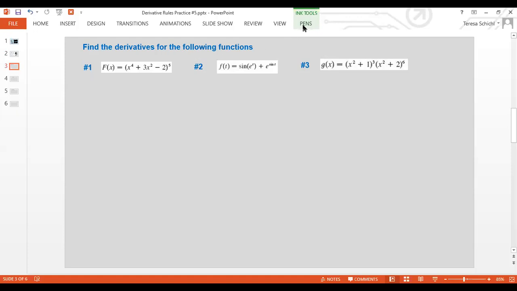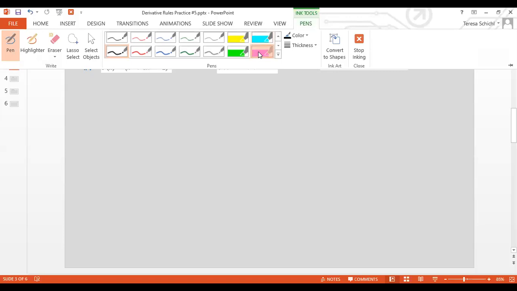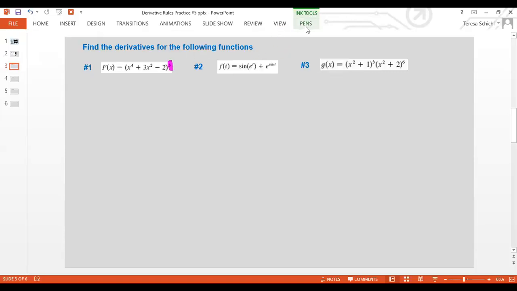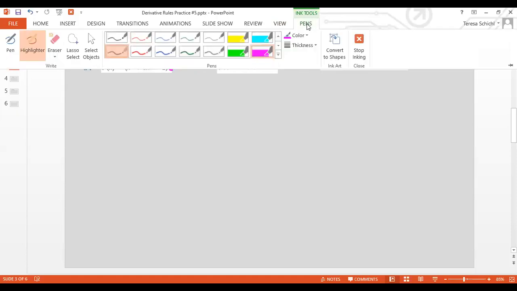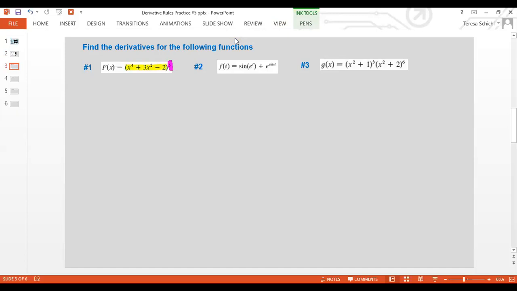So the first thing you see here is a fifth power. Then you look at the inside, which is x^4 plus 3x^2 minus 2, right?